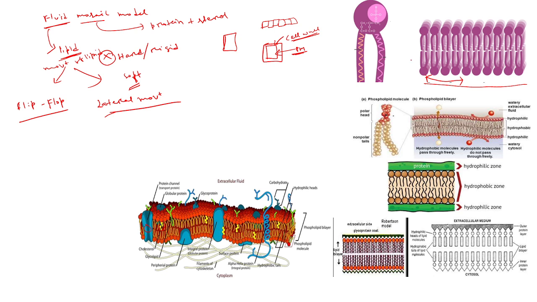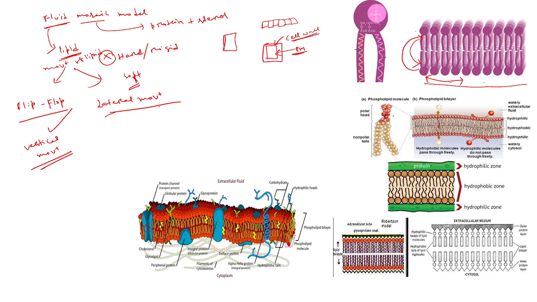Look at the structure. If this lipid comes to this layer, and this lipid comes to this layer, this is called the flip flop movement. That means from one leaflet to another leaflet, or from one layer to another layer, it is called a flip flop, or simply a vertical movement.